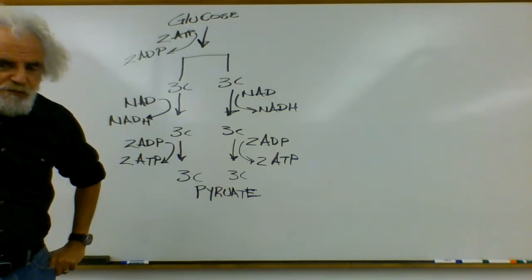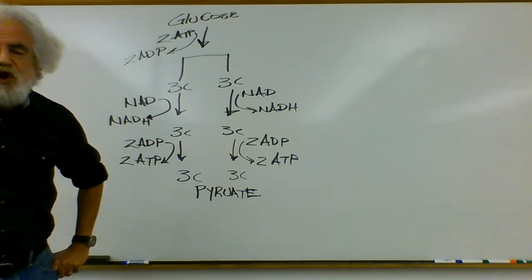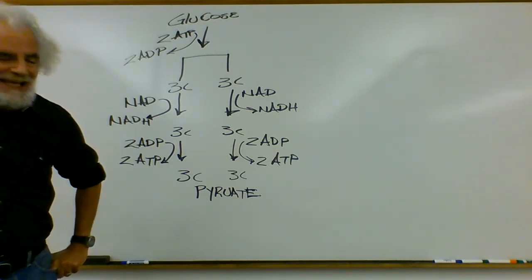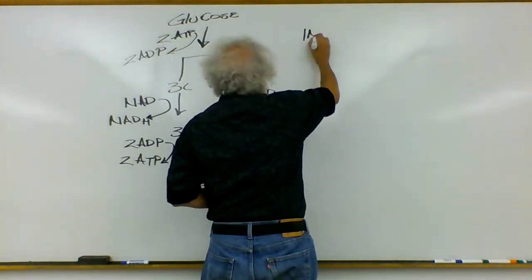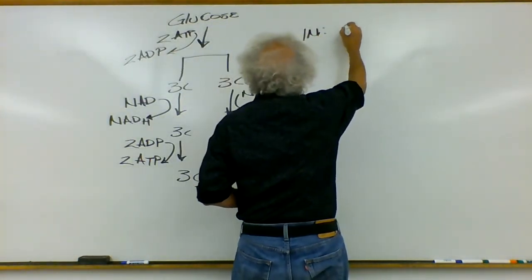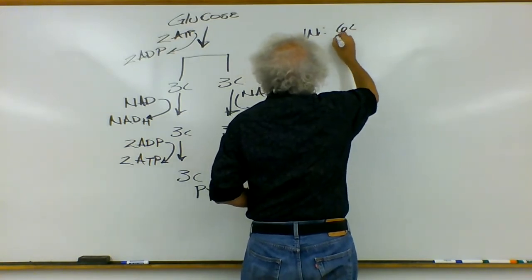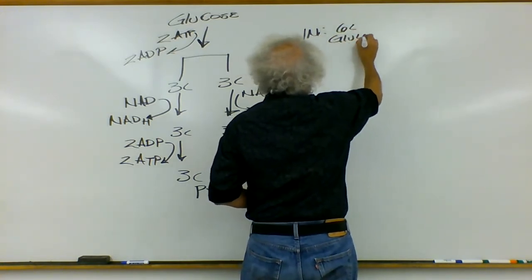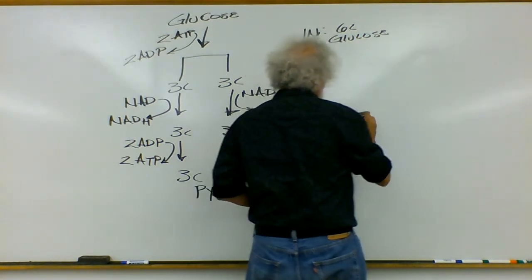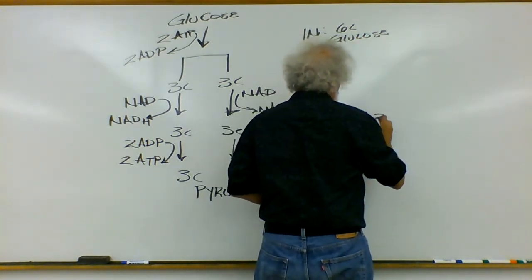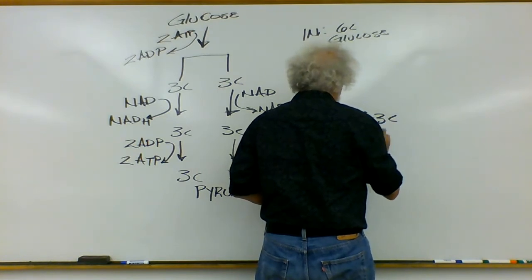Now, from our tote board, let's do a little tally. What goes in is the 6-carbon glucose. What comes out is 2 3-carbon pyruvates.